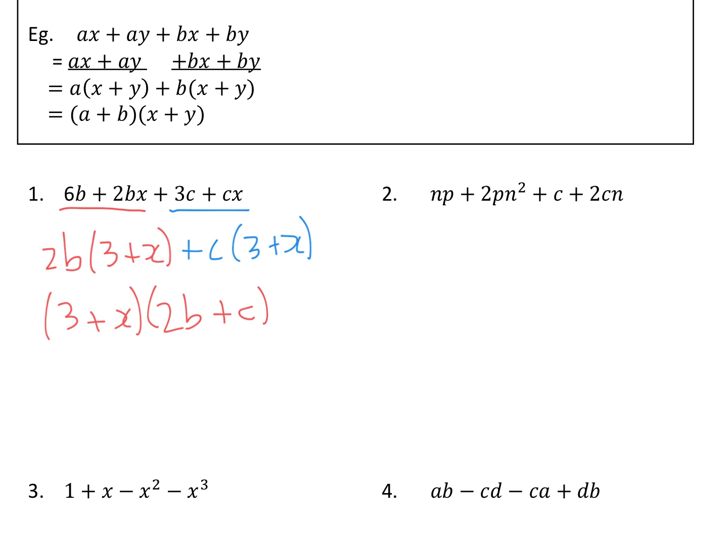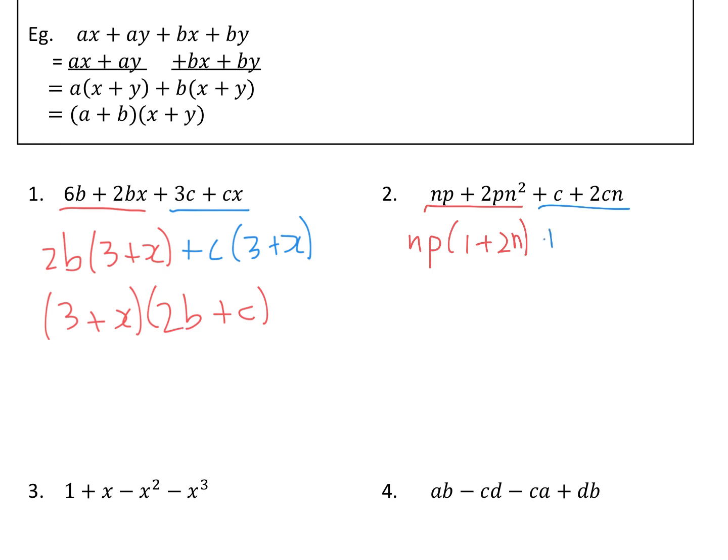Example 2. We have np plus 2pn squared plus c plus 2cn. Considering the first pair of terms, we have n is common and p is common. np times 1 would give np, and np times 2n would give 2pn squared.